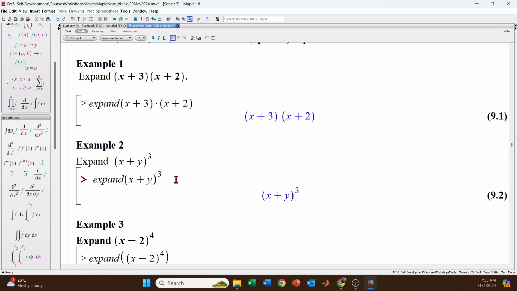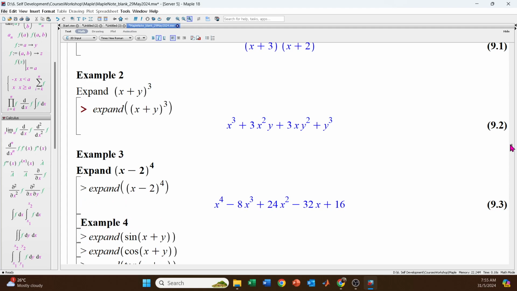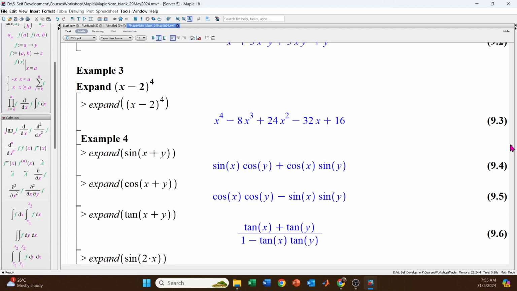Why does it not expand? Oh, I must put brackets. For any function, you must put the brackets. The same thing for here. The rest you can have a try.